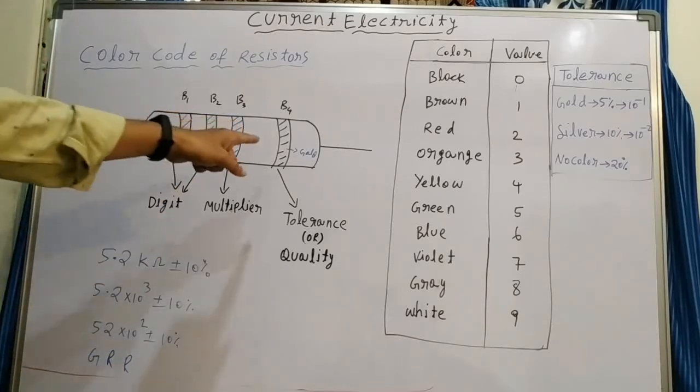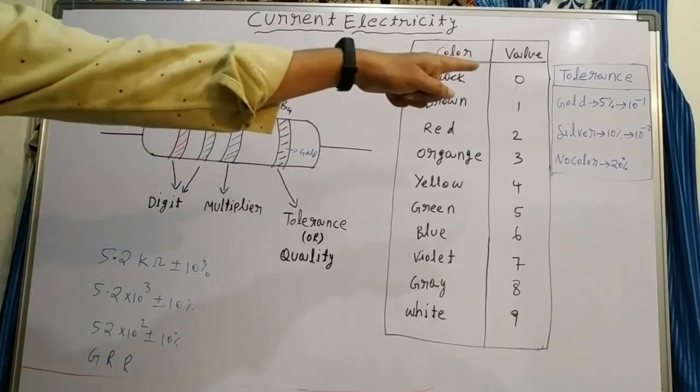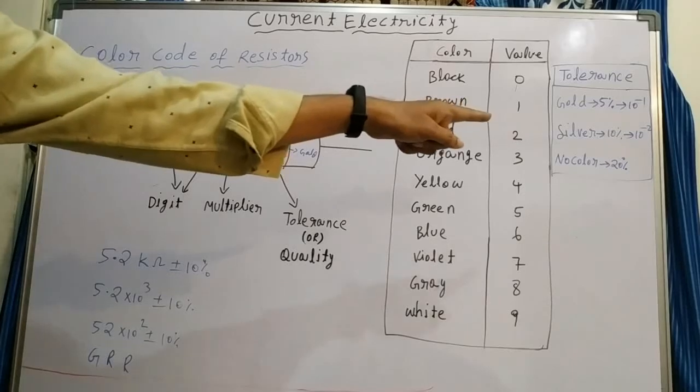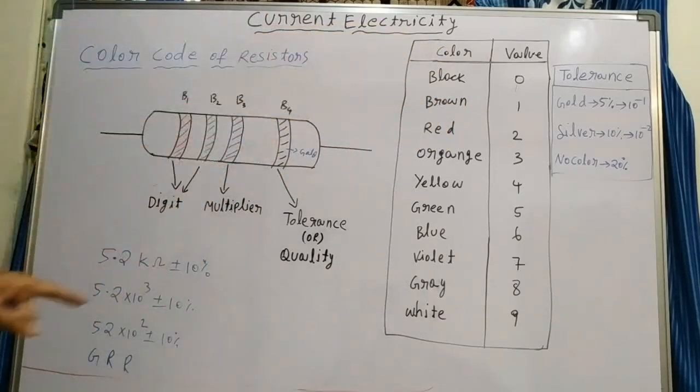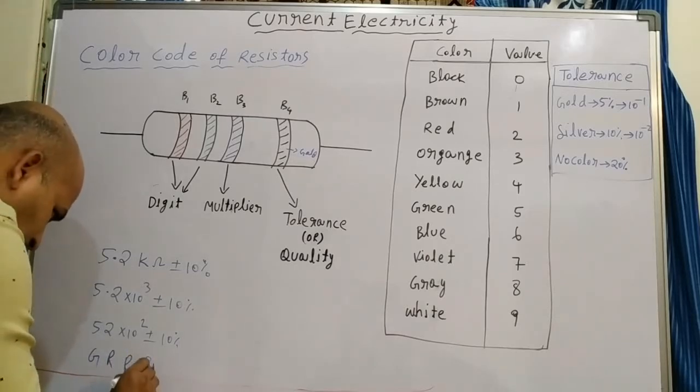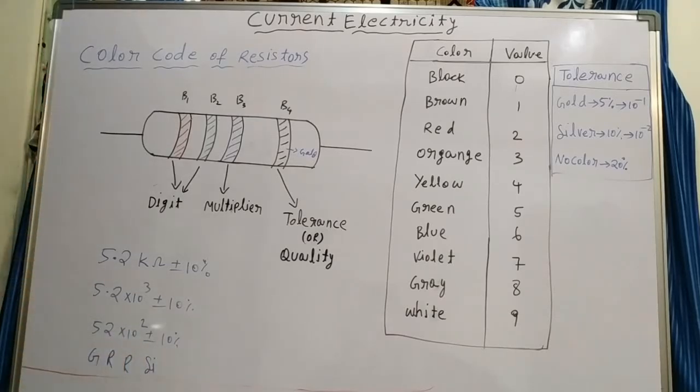What about the fourth band? The fourth band depends upon the tolerance: 5% means gold, 10% means silver, and if no band is there it means 20%. So here 10% is given, so it will be silver. Like that we can calculate and check the bands.